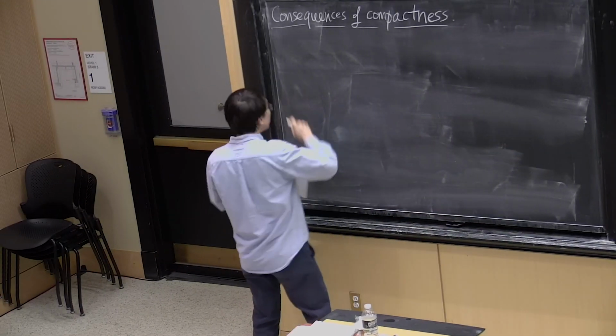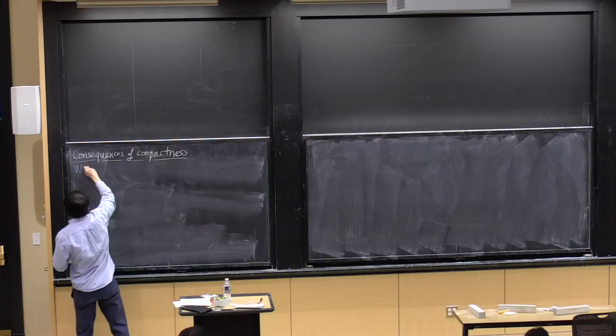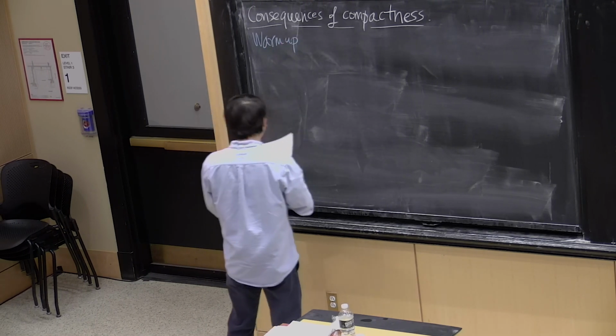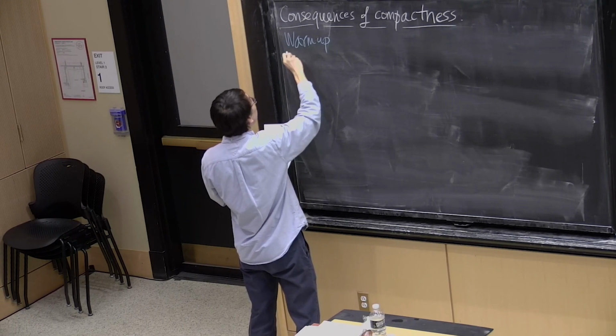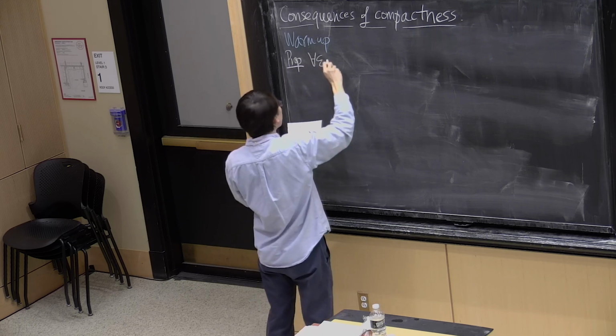So first, more as a warm-up, but it's also an interesting statement on its own. So let me prove the following. Here is a statement that we can deduce from compactness.